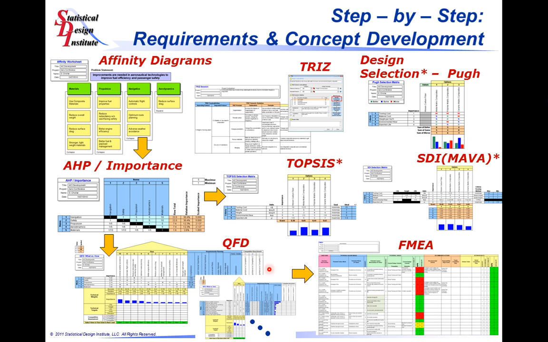So you can transfer this information directly from the QFD into the FMEA, use this as a starting point for your FMEA process, and then populate the other information that's needed to identify the occurrence, the severity, and the detectability, along with creating the RPN score for each one of these effects that have been identified.